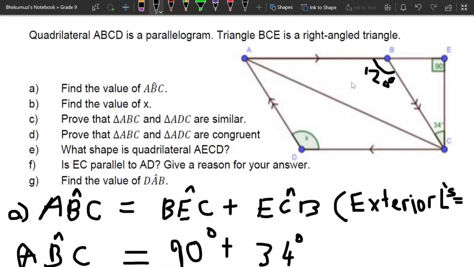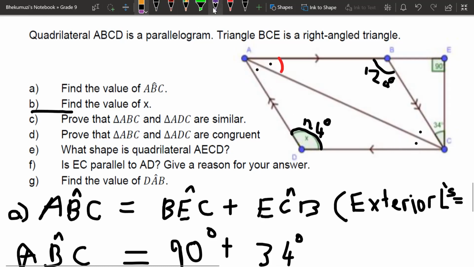So we already know from B that this angle is equal to that angle, which is 124 degrees, right? Now we only need to prove the other angles, so that this one should be equal to one of the two, and the other one here needs to be equal to another one somewhere there. Okay, so how can we do this?